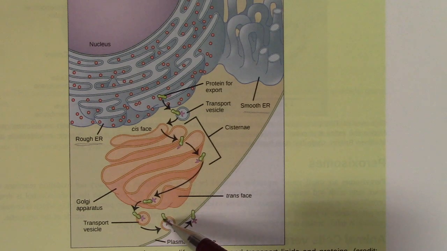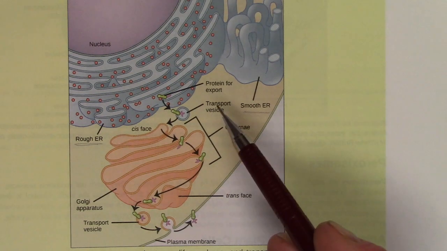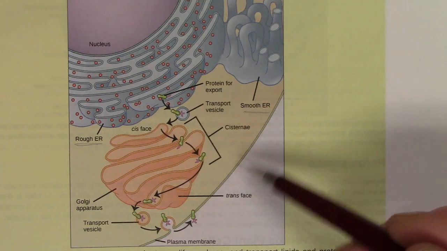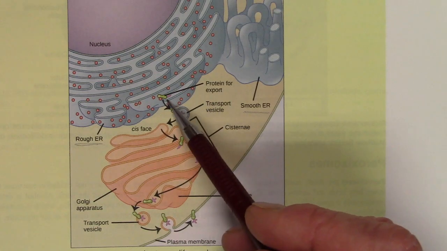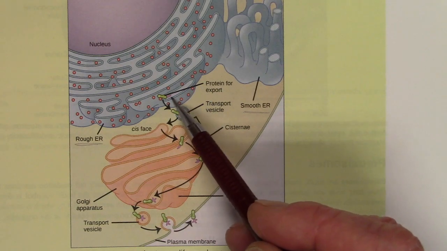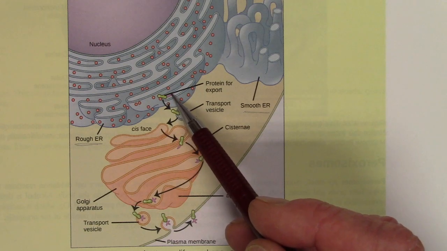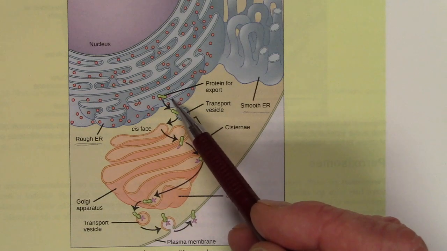Here's a vesicle being exocytosed. And so what we're going to do is follow this protein from when it was made, how it passes through the internal organelles to the outside. So back up here to the RER, ribosomes, and you know that ribosomes make proteins. So the protein gets made on the RER, the rough endoplasmic reticulum, and a piece of the endoplasmic reticulum buds off.